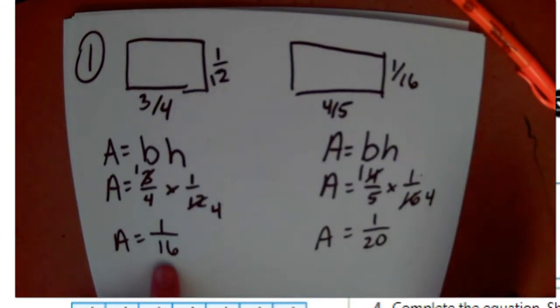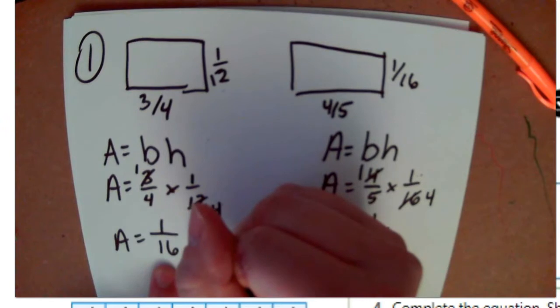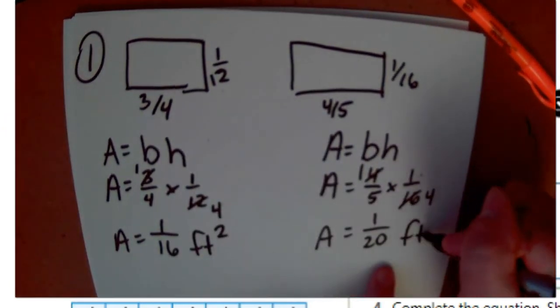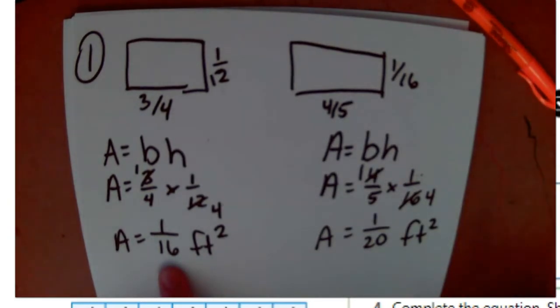So this is 1/16, and I should say that would be square feet. And this would be square feet as well. We have 1/16 square foot and 1/20 square foot. Now we have to think which one's the bigger area, right? Fractions can be tough to think about, so I always think about pizza.